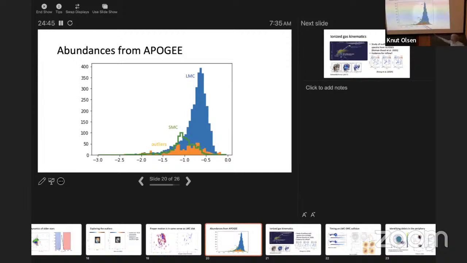The SMC has of course more metal poor stars. The outliers are sort of a mix of the SMC-like distribution and the LMC one. Maybe it's a combination of the two.